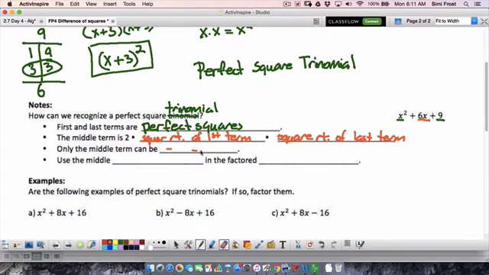So let's give that a try here. All right, so the square root of the first term is x, and the square root of the last term is 3, and then we need to multiply them both by 2. Well, 2 times 3 is 6 times x. That does, in fact, equal the middle term here. Okay, so that's where this middle term comes from.